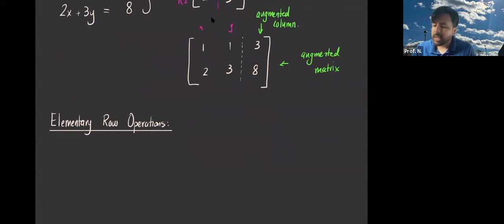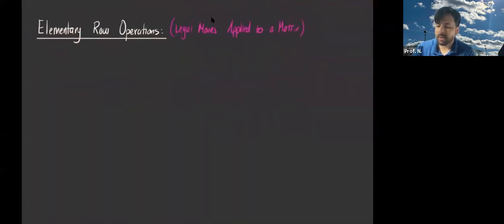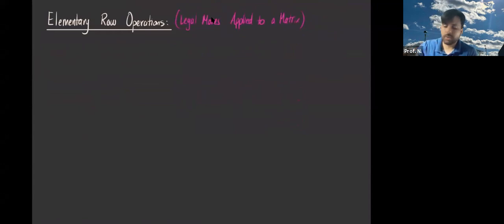So you can think of them as legal moves applied to a matrix. The crux of the beginning of linear algebra is dealing with elementary row operations. That's how we're going to start this whole matrix concept off. And there's only 3 of them, so you don't have to worry.